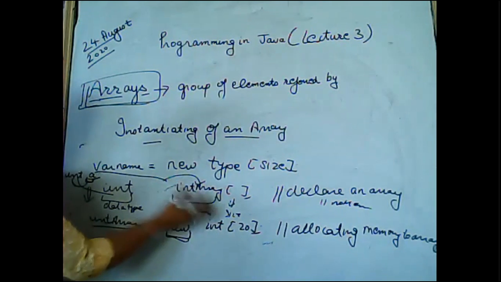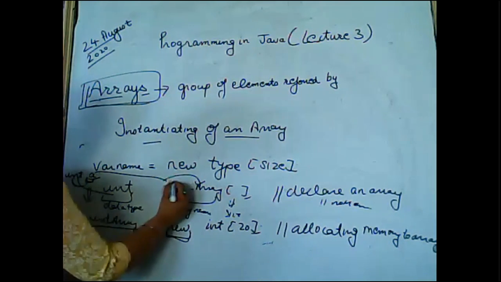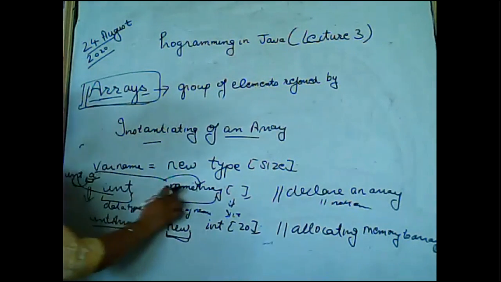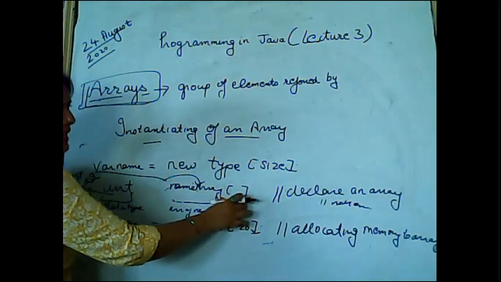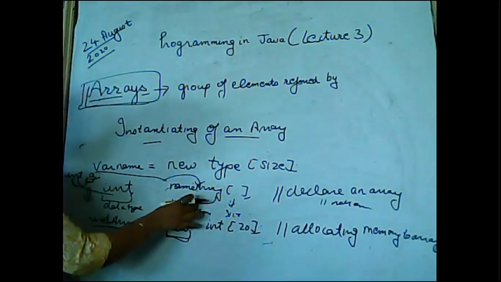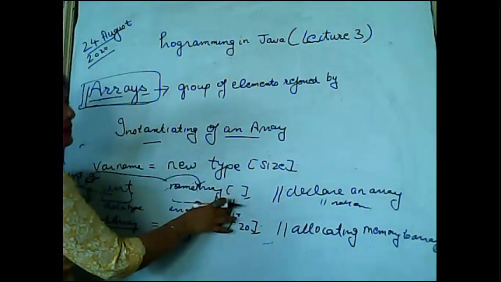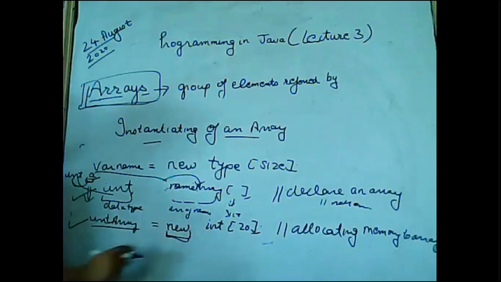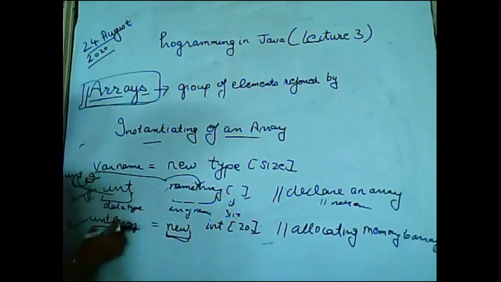Okay? So you wrote int, and for the name of the array you can write anything, or I wrote name array. If you are getting confused with that int, name array and the size, by using these brackets you are defining that this is not a normal variable but an array variable. The second step is that you are allocating memory to that particular array. So how can you define it? int array equal to, again this is not int array, this is name array, as I have changed the name of that array.